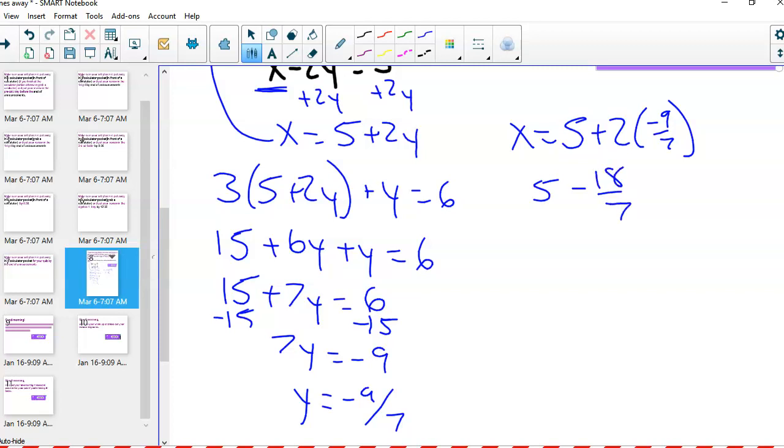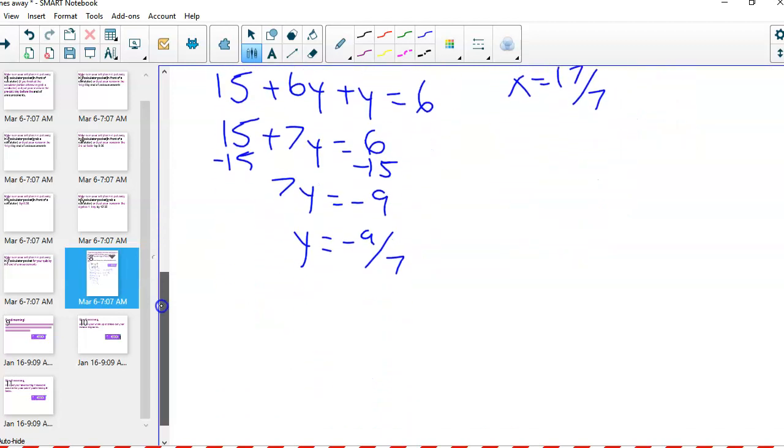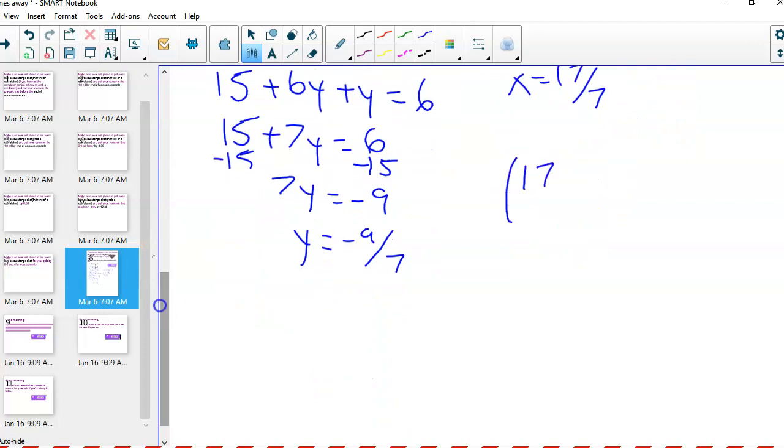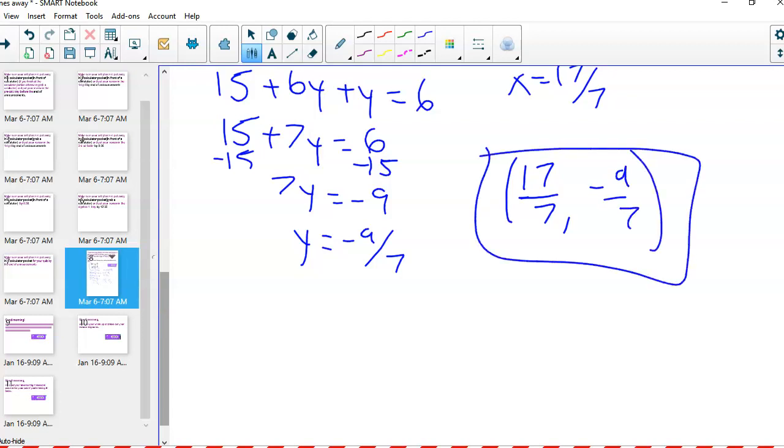And then also in your calculator, subtract 5 minus 18/7. 17/7. So that means our ordered pair is 17/7 and negative 9/7.